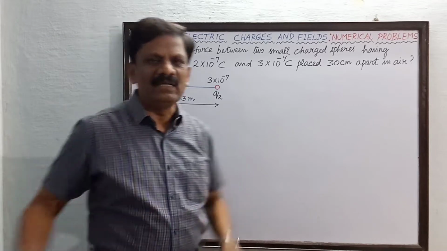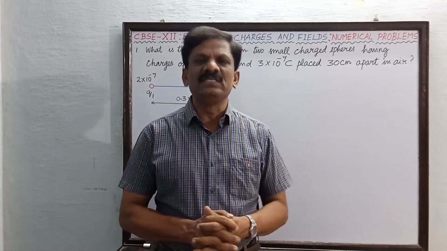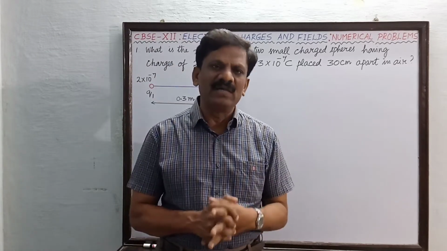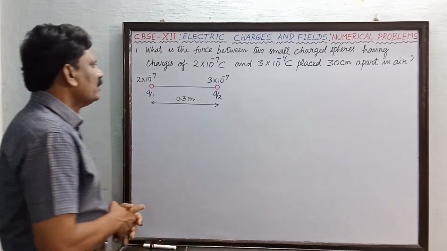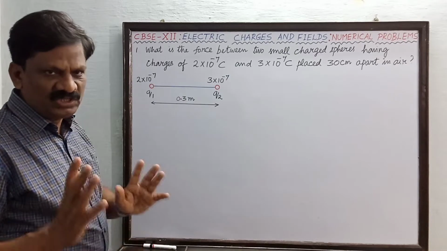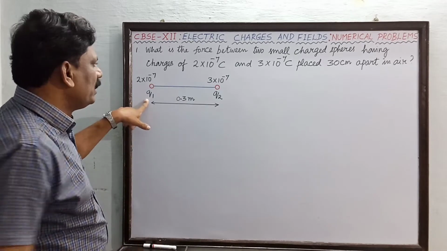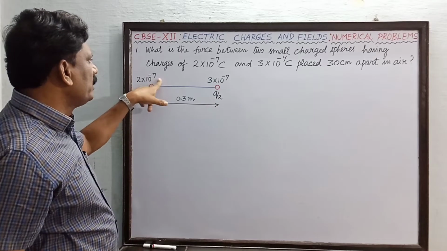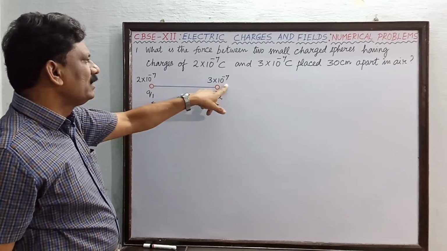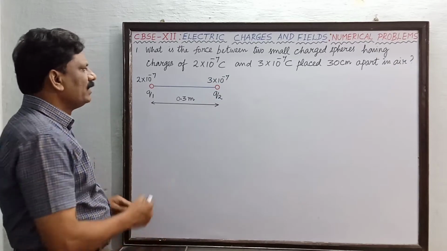So it is a very direct numerical problem which is to be asked in either 2 marks or in multiple choice question. So in the picture you can see there are two charges, Q1 and Q2. Their magnitudes are 2 into 10 power minus 7 coulomb and 3 into 10 power minus 7 coulomb.